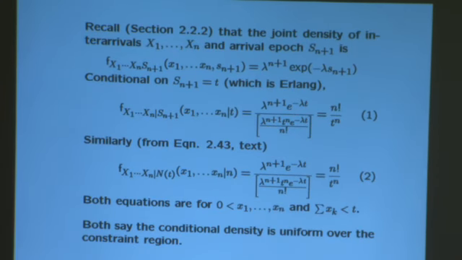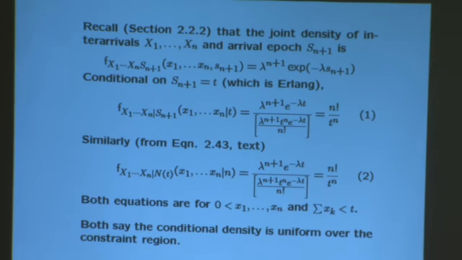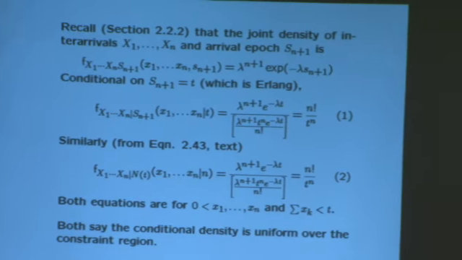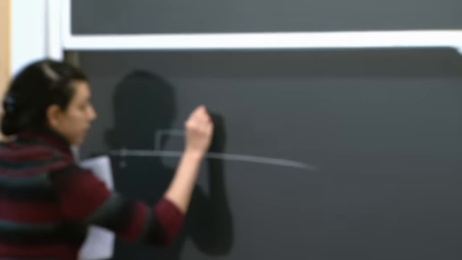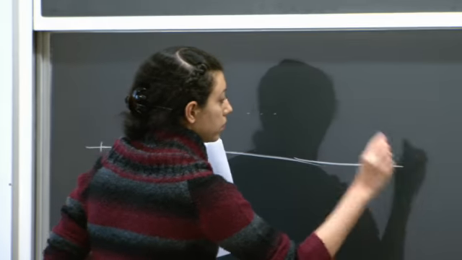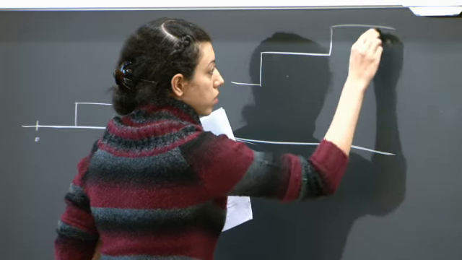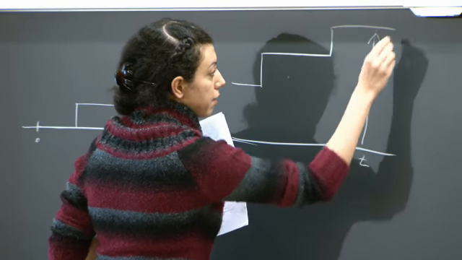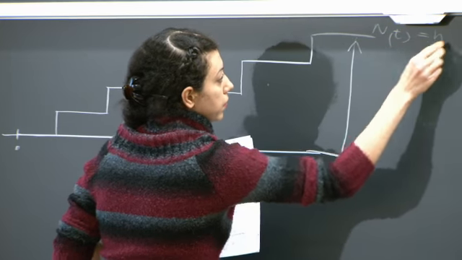If you remember the Poisson process, this was the famous figure that we had. At time instant 0, N(t) was 0. And then we had some arrivals. At time instant t, we had N(t) arrivals, which is equal to n.